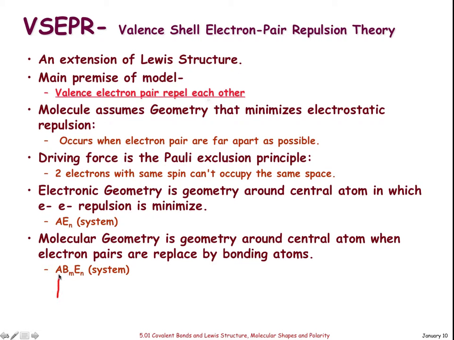Now, if you replace some of these lone pairs with bonded atoms, what we have is the ABE system, where A again represents the central atom, B now represents the bonded atoms, that is, the atoms that are bonded to the central atom, and the E represents the lone pair again.